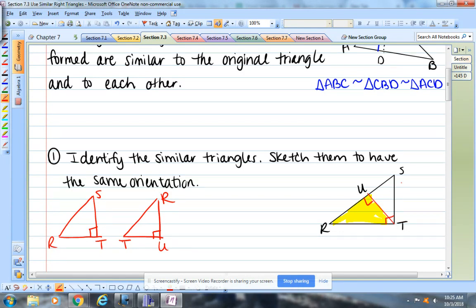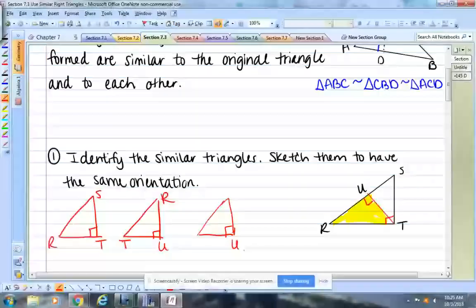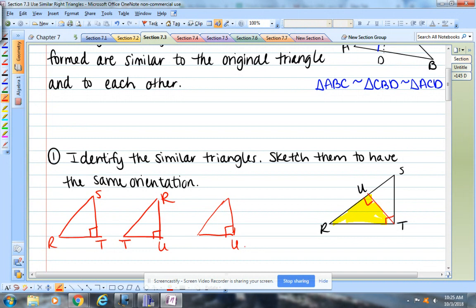So the white triangle at the top is my other right triangle. And where is its right angle at? It's at U also. So if I rotate that one again, all the way around to this orientation, what's in my bottom left corner? And the top one is T.